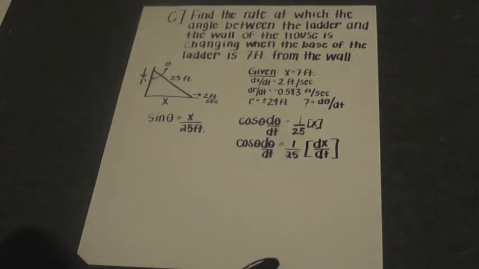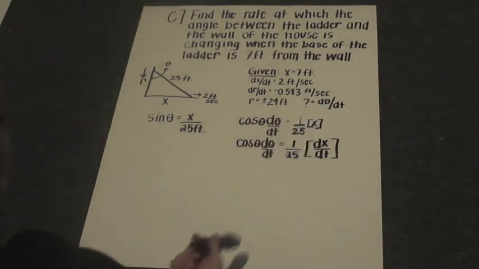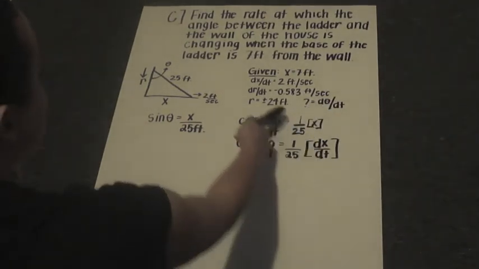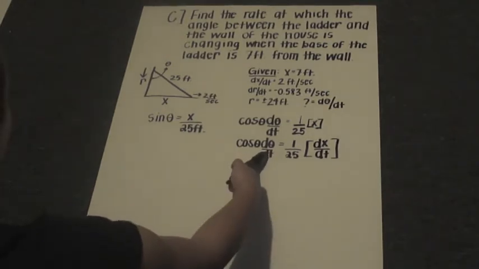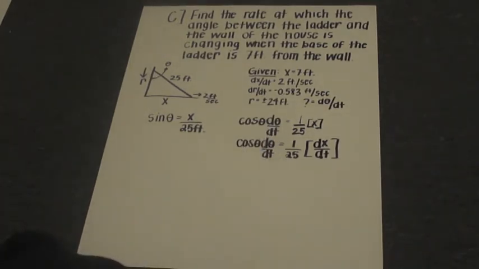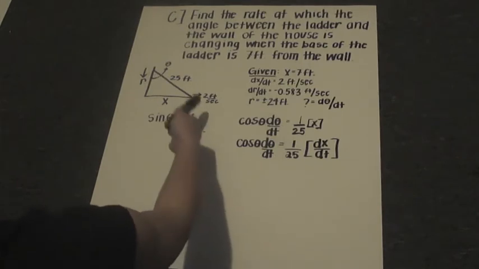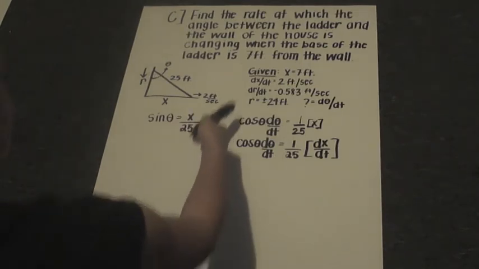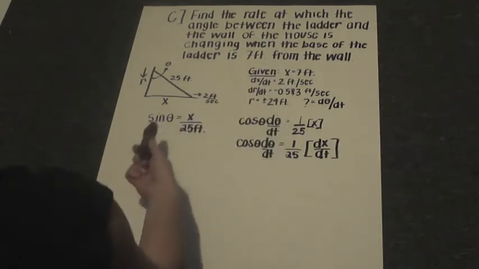Now when we look at this, we have to say, do we have all of our variables besides d theta/dt, since that's what we're solving for? Well, we know dx/dt because it's always been the same, 2 feet per second. We're solving for d theta/dt, but we don't have theta. So what are we going to do? Well, we're going to use our original equation, but since we know that the base of the ladder is 7 feet from the wall, we're going to just plug 7 into x to find theta.